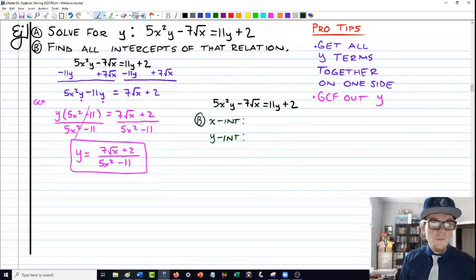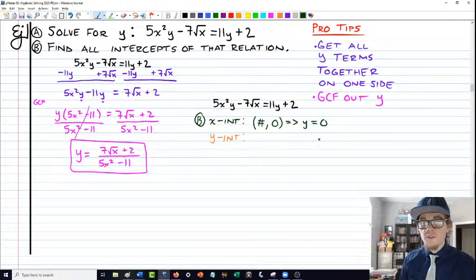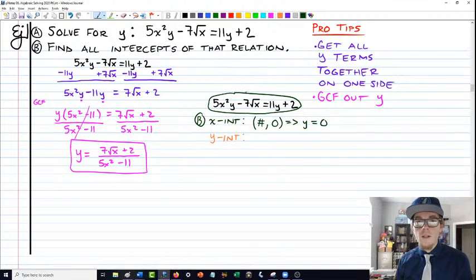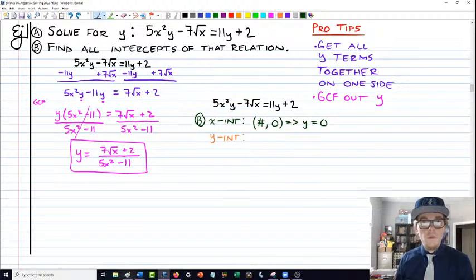So in looking at each of these pieces, let me get a color here for the y-intercept. I'll do orange. I'll do green for the first one. So if we want to find the x-intercept, it's important to remember that an x-intercept has coordinates x or some number, comma 0. In other words, our y-coordinate is equal to 0. What we're going to do then is take this relation, this implicit relation in terms of both x and y, and plug in y equals 0.